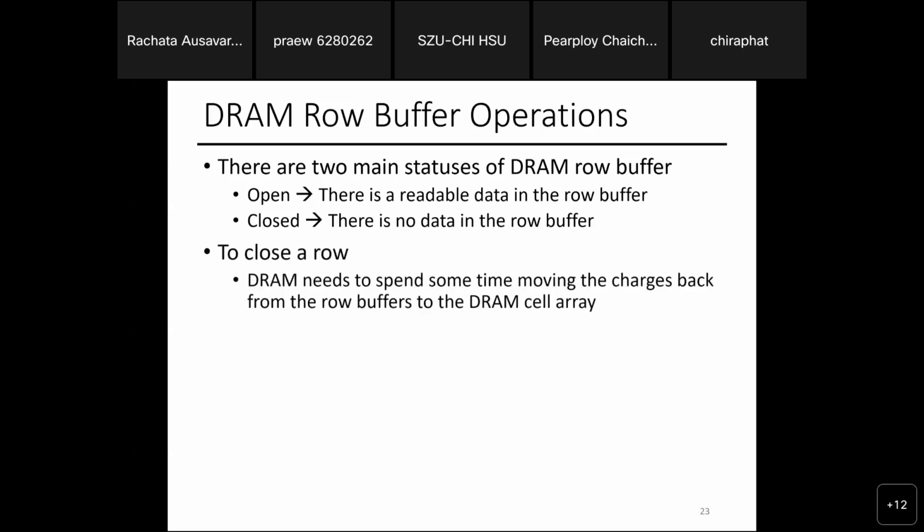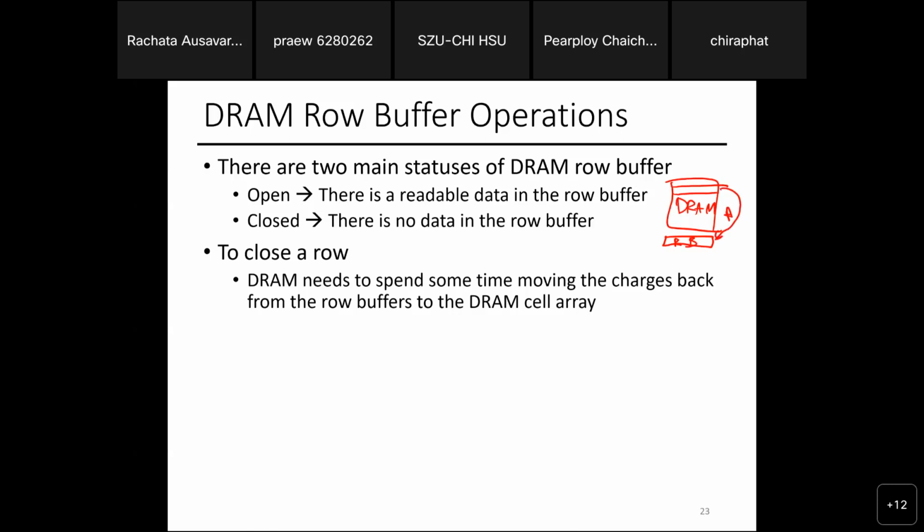To close a row, let's say I have someone's data in the row buffer. So this is your DRAM. This is a row buffer. Let's say right now this row A is in the row buffer.